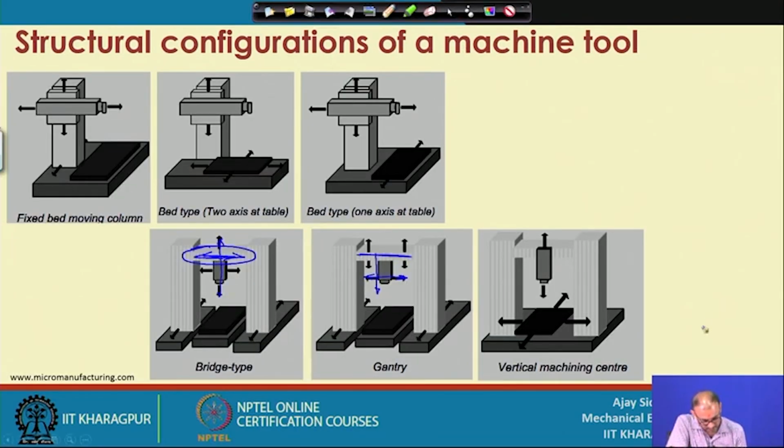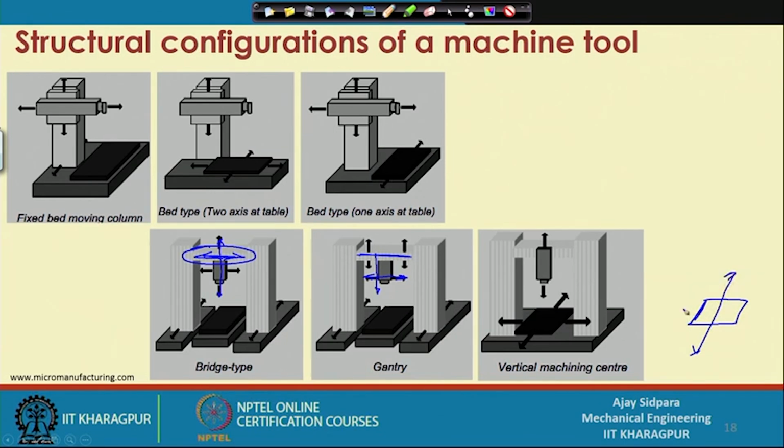Your table is located here and it is moving in this direction and this direction. Your tool is located here, moving in an up and down motion, and this whole thing is structured in this way, correct.